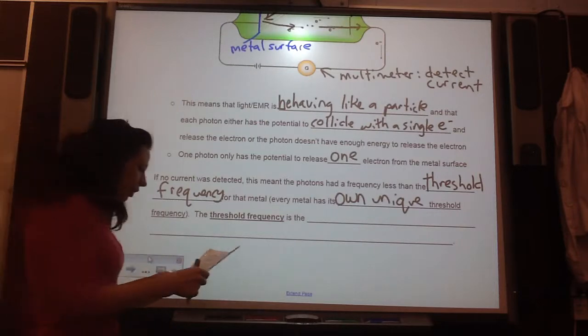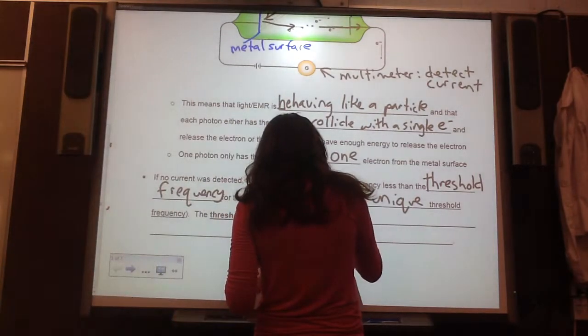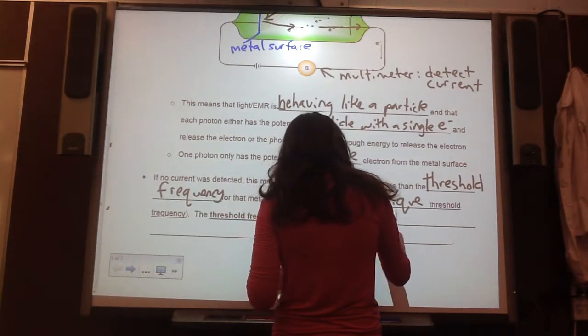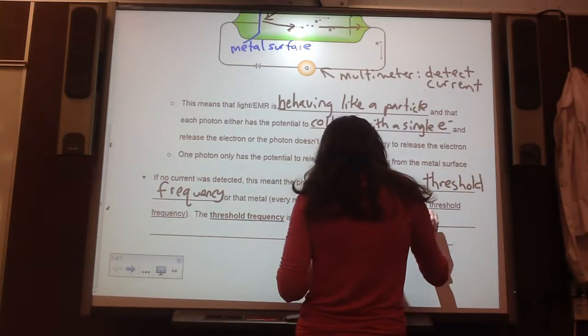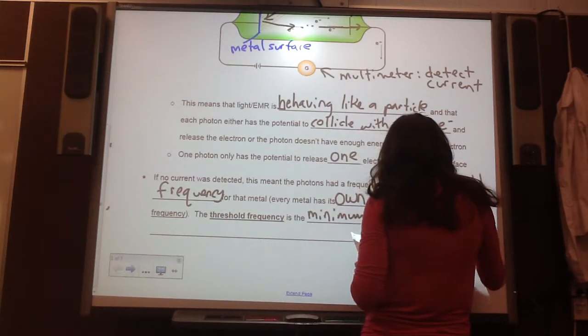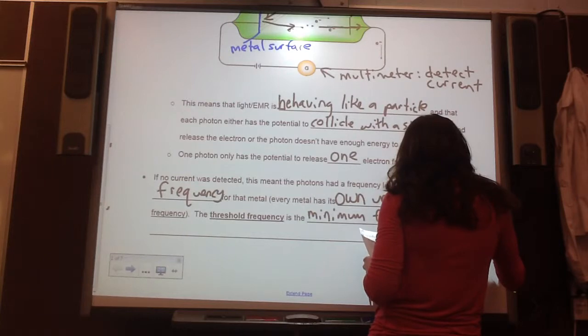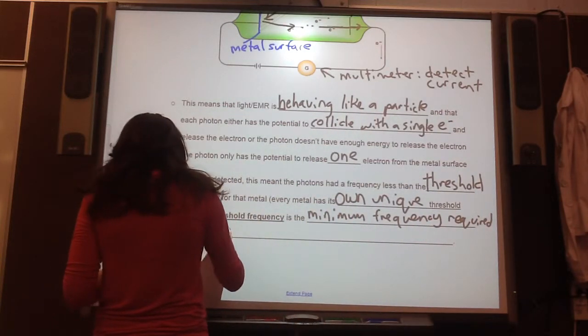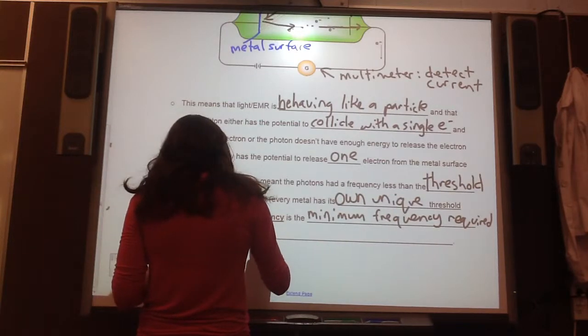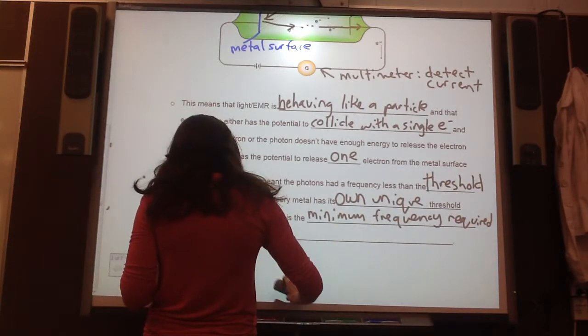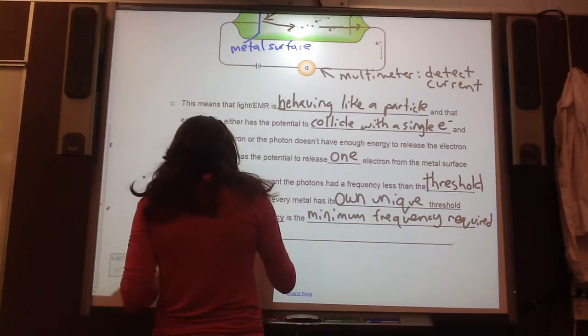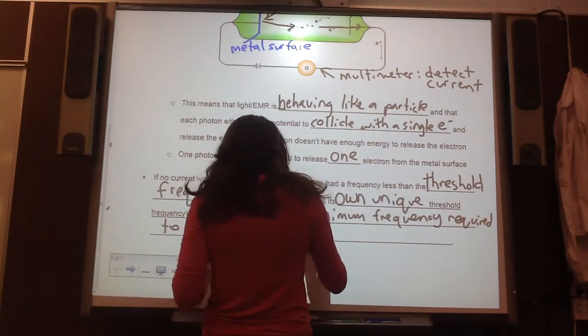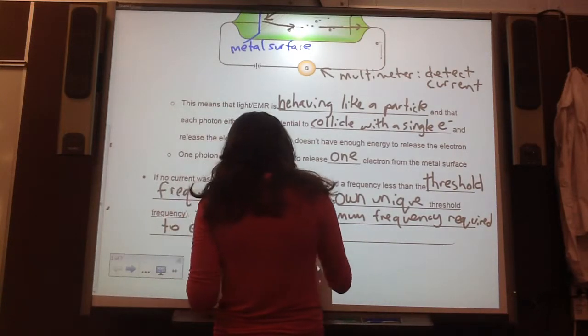The threshold frequency is the minimum frequency required to emit electrons from the metal surface.